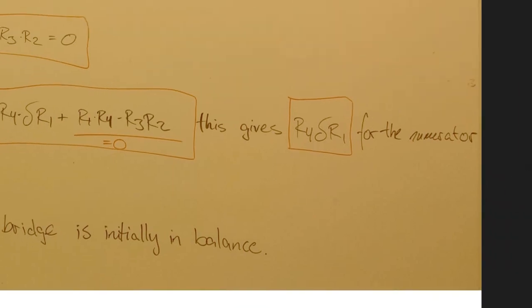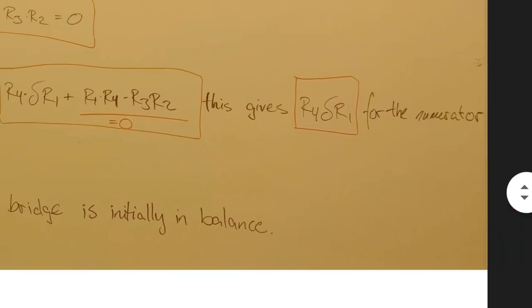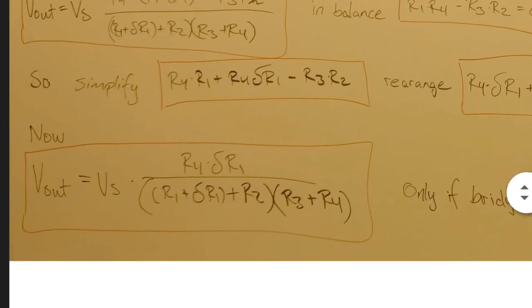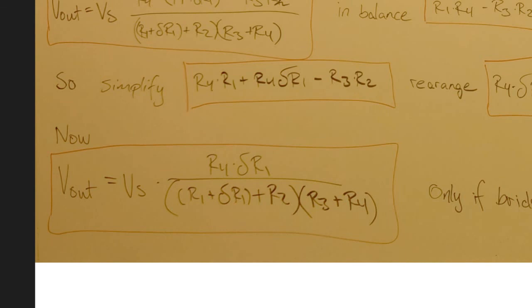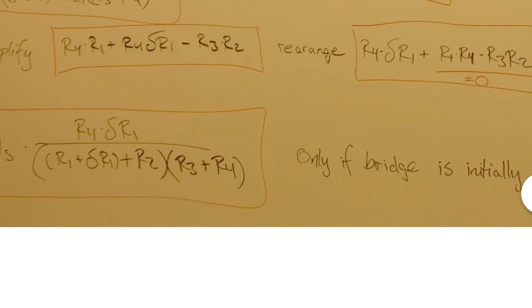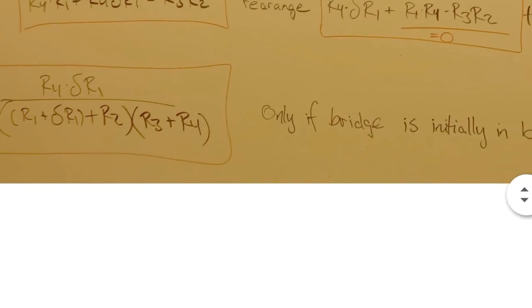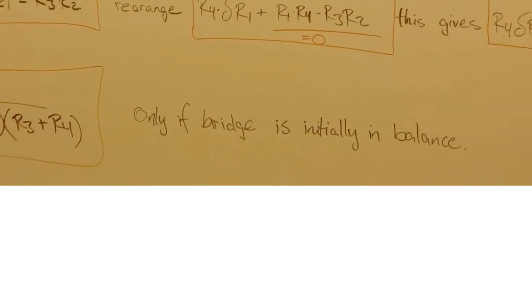That means we end up with an equation where the output voltage is equal to the source voltage times R4 times the change in resistance R1, divided by the sensor resistance plus R2 times R3 plus R4. And this only applies if the bridge is initially in balance.